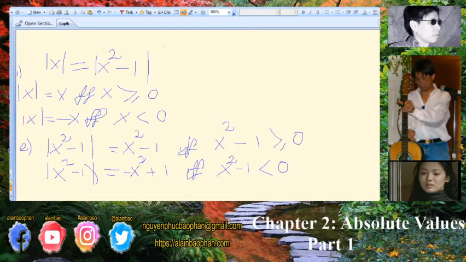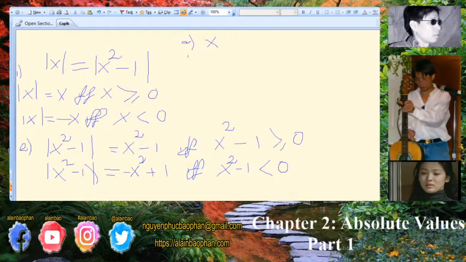So how many equations do we have from the original equation? Let's say first case a: if we take absolute of x equal x, then the left side will be equal x.